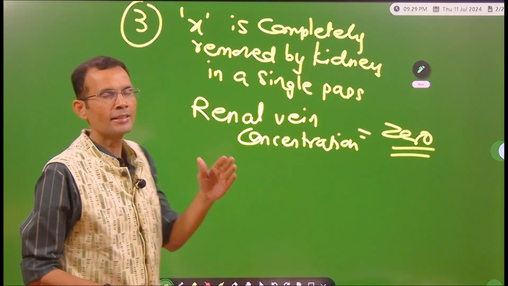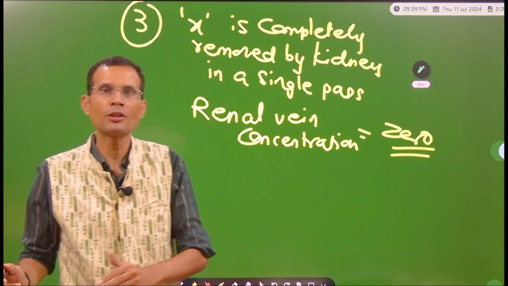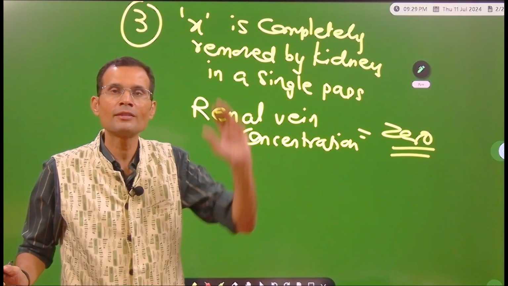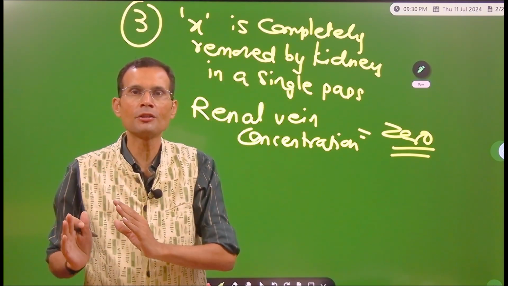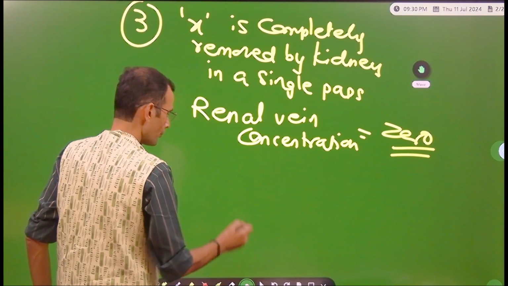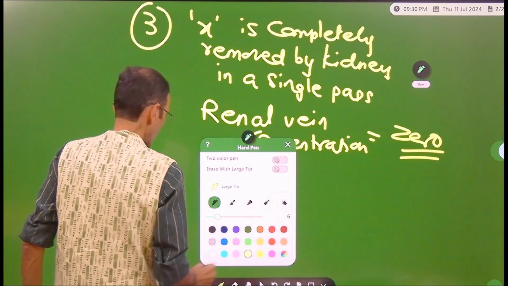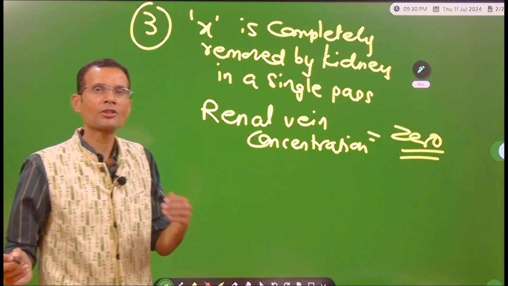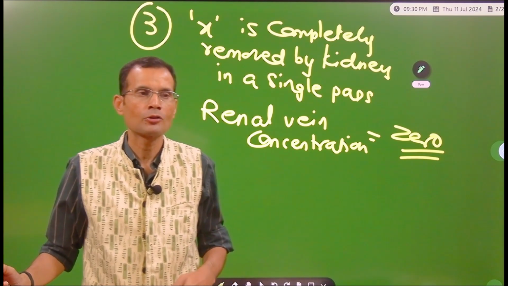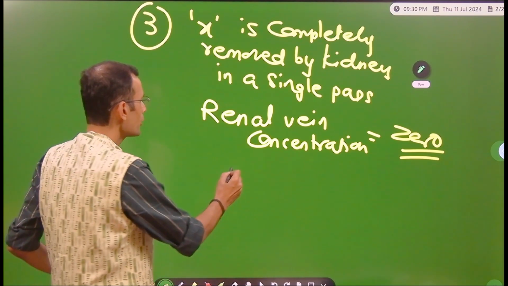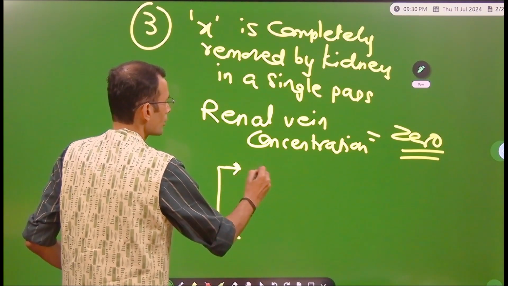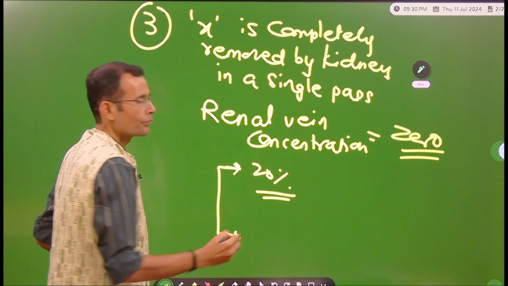How is it that this is completely excreted into the urine in a single pass? Once it has come into the kidney, all of it comes into the urine. How is that possible? Look, filtration fraction is 20%. So for any substance being filtered at the glomerulus, only 20% is filtered.